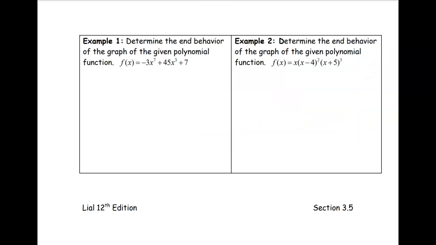Now let's consider the following example. Determine the end behavior of the graph of the given polynomial function. To do this, we are going to look at the leading term, that is, the one with the highest exponent. In this case, it is negative 3x to the 7th.